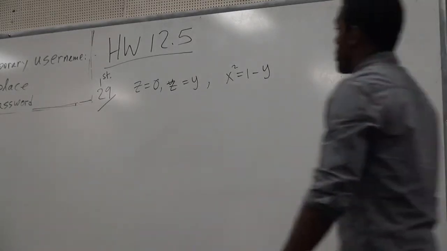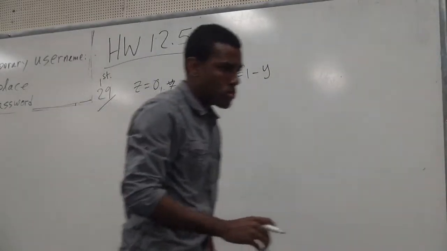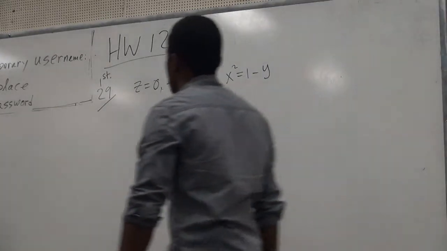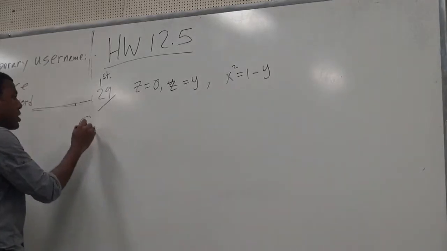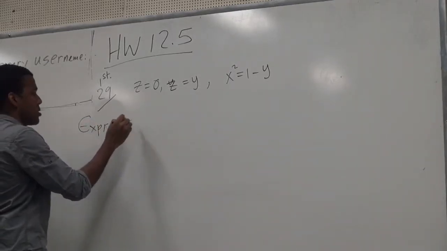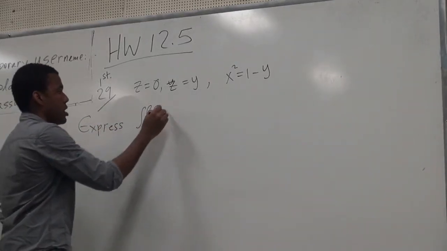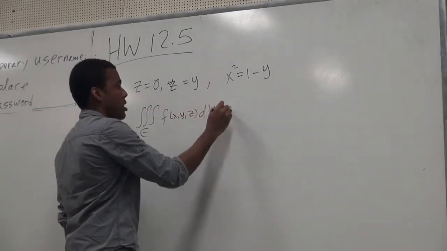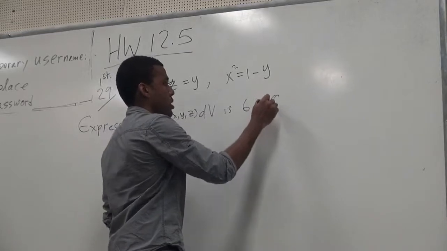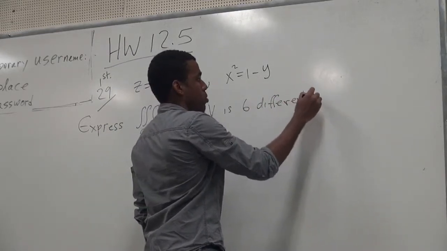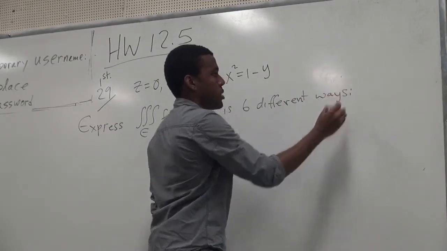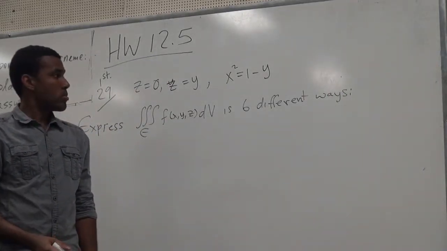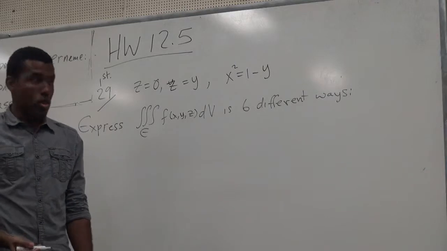Okay, so you want to express the triple integral over E of f of x, y, z in 6 different ways. What are the different ways they would be talking about? Orders of integration. The orders of integration.